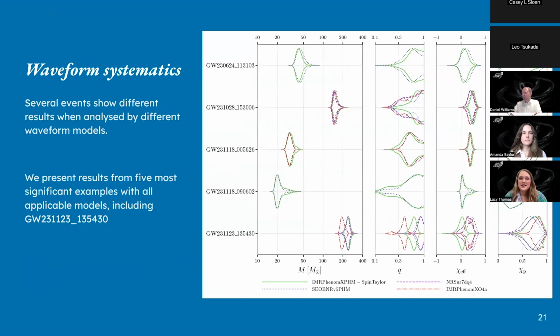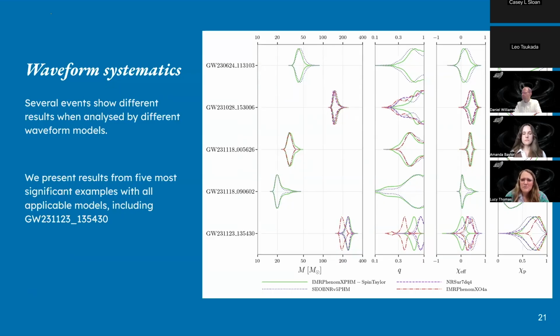We also consider events which show different results when they're analyzed with different waveform models. So in this plot here, we are presenting results for the 5 most significant examples where the results with different waveform models are the most different.